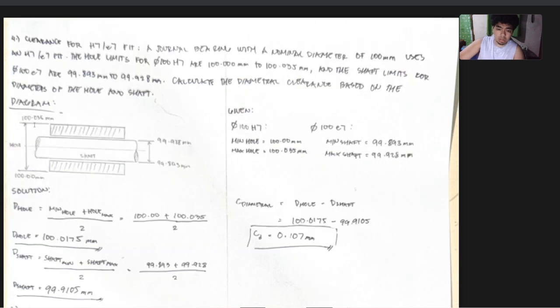For the diagram, it is clear and the same as previously, the hole then the shaft. The hole has a minimum of 100, then a maximum of 100.035.